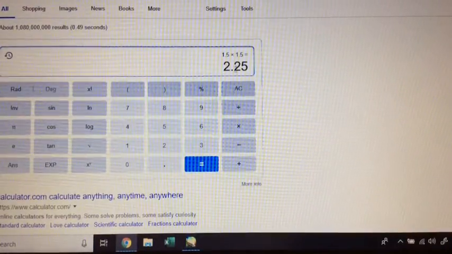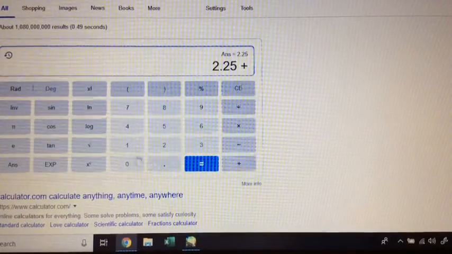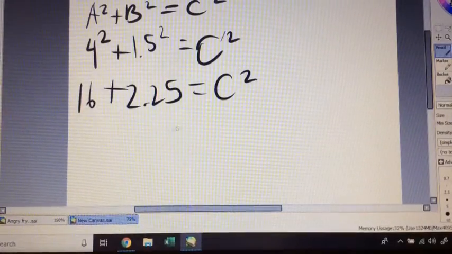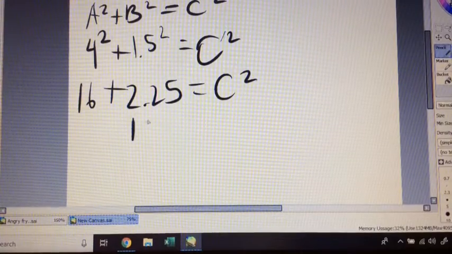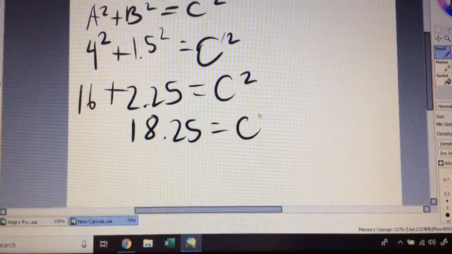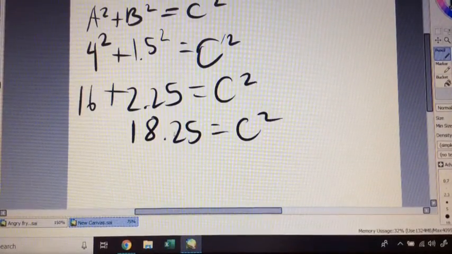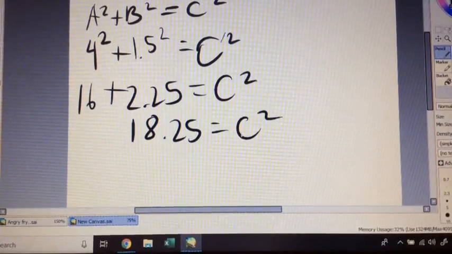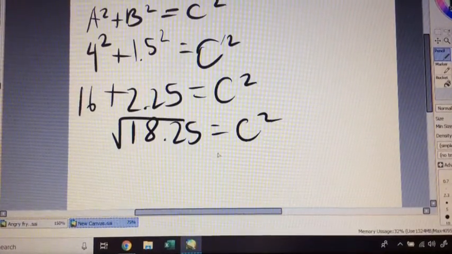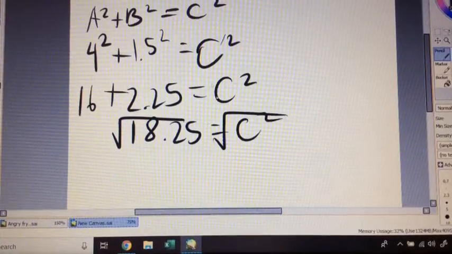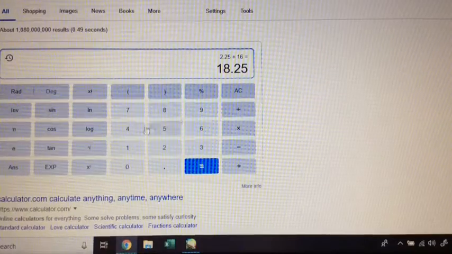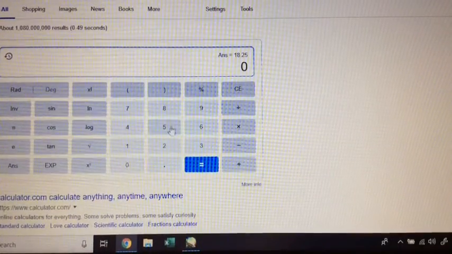Now you just have to add those two together. 2.25 plus 16, you get 18.25 equals c squared. But the c is still stuck with this 2, so you'll need to isolate the variable by doing the opposite operation. And the opposite of squaring a number is square rooting a number.